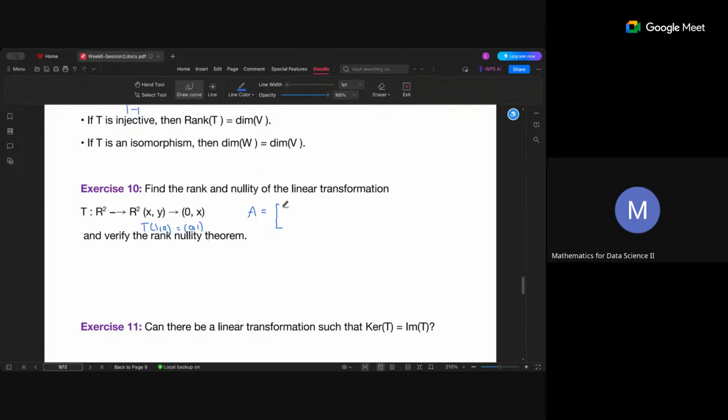What is T of (0, 1)? 0, 1. That's all. So now what is the rank of T? 1. And what is the nullity of T? 1. So the rank nullity theorem is verified.